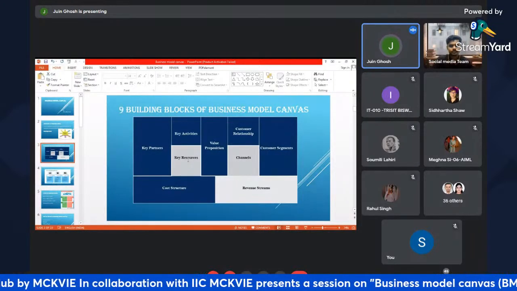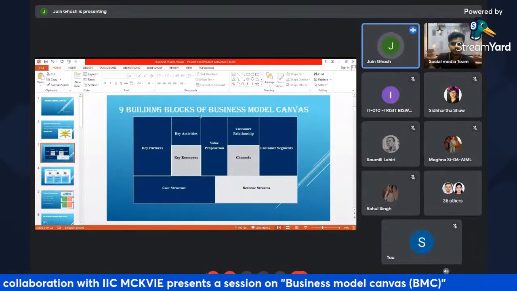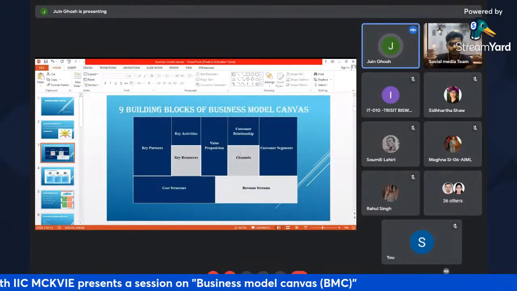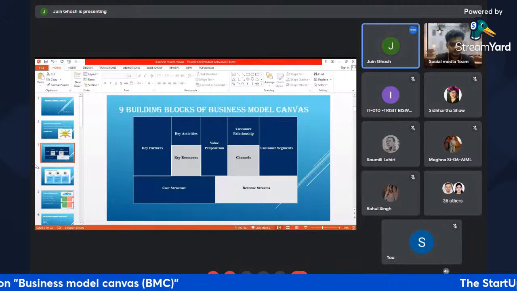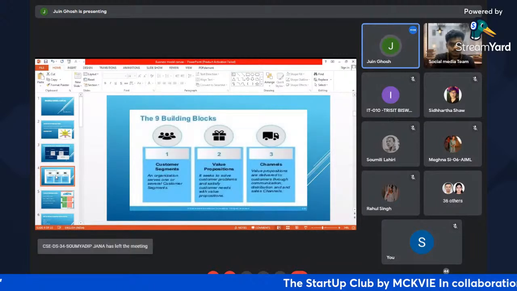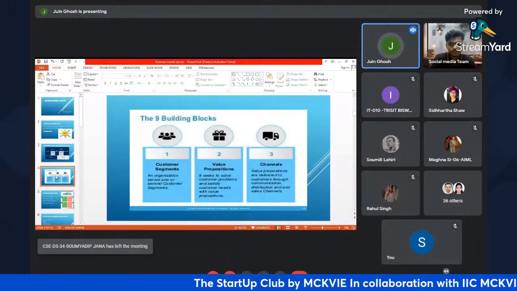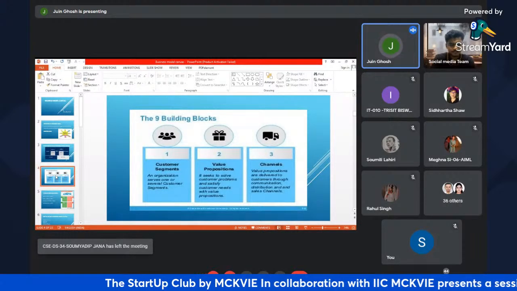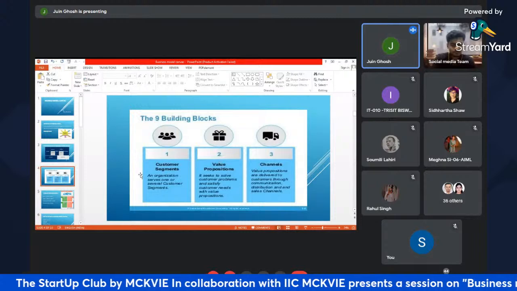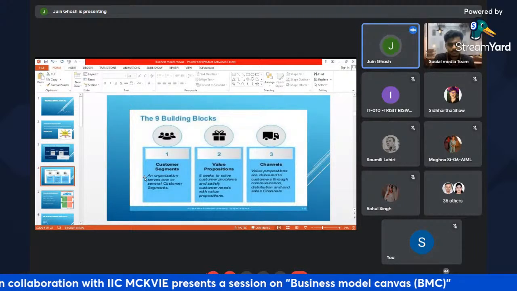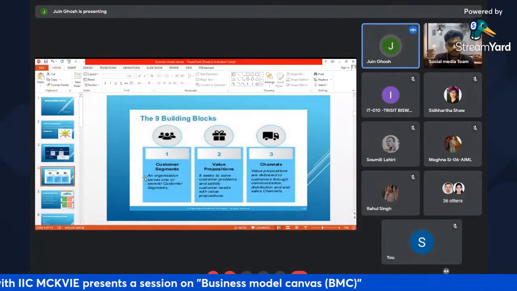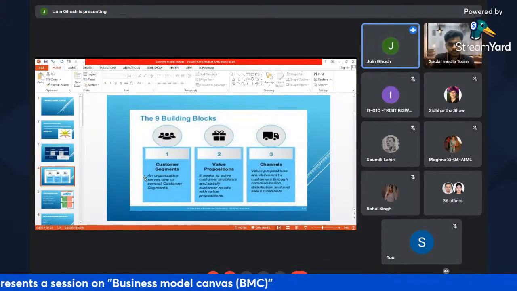So these are basically the 9 building blocks of the business model canvas, which we will discuss in detail further also. The main important parameters of the 9 building blocks include the customer segment, which plays a very important role, because the customers at the end of the day can make or break the company.